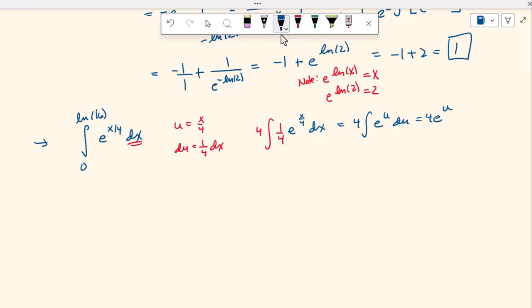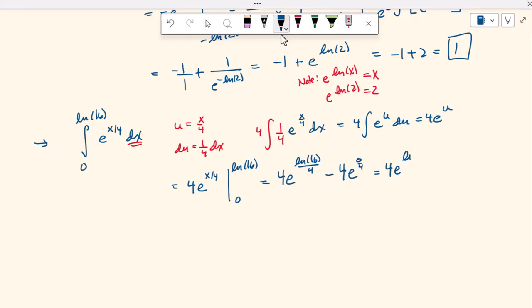Then I change back to my original variable. u was x over 4, and now I'll evaluate this from 0 to ln of 16. So I'm going to drag my 4 along. So this would be 4e to the ln of 16 over 4, minus my lower 4e to the 0 over 4.